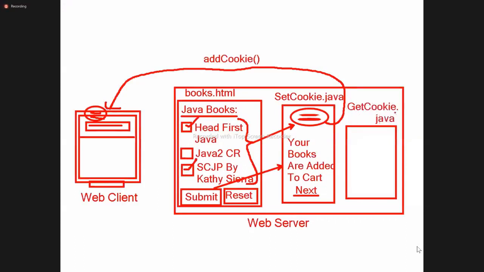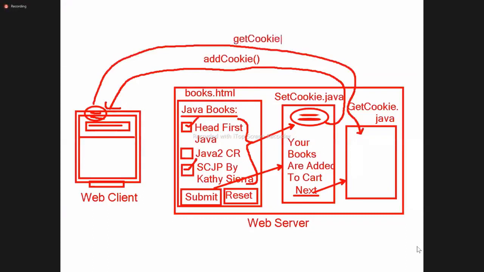Now, if I click on the next hyperlink, this GetCookie.java program is executed. It will retrieve the books from the client system. Here, the getCookies method is there. Now, the message: selected books, whatever you selected.